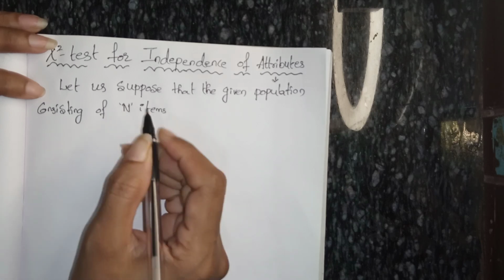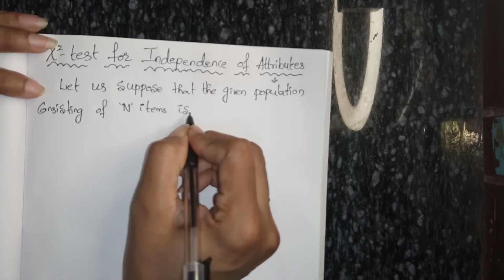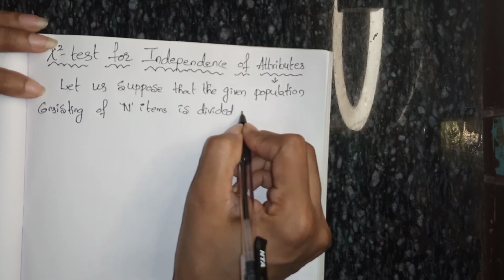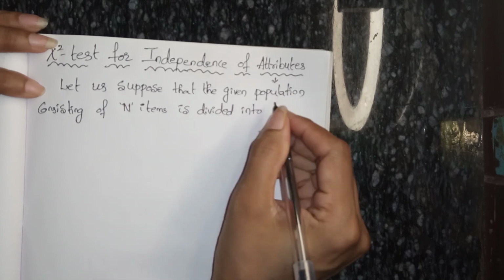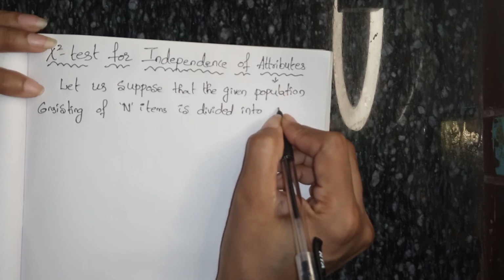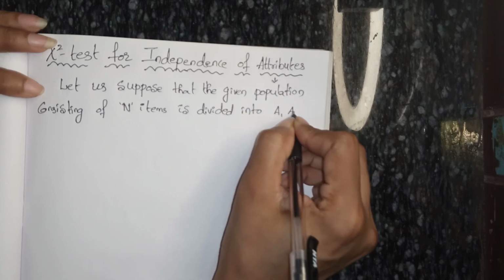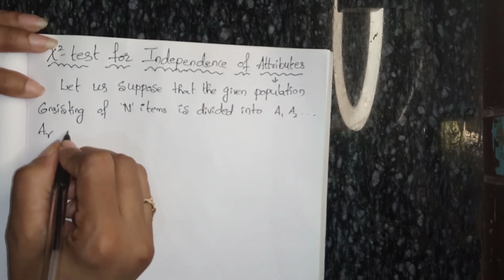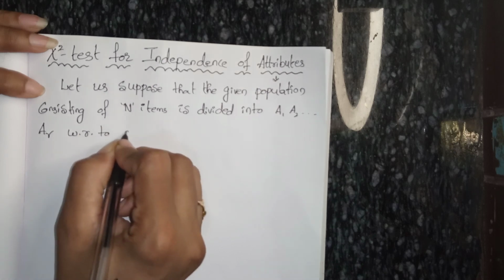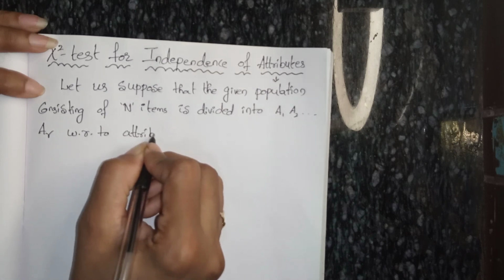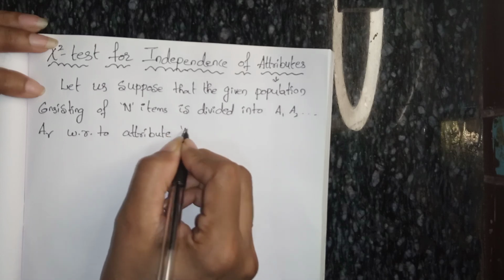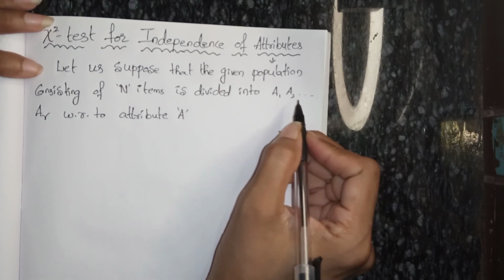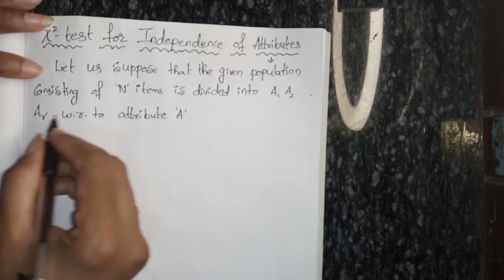Population size is denoted with capital N. It is divided into A1, A2, and so on, AR, with respect to attribute A. So this is called attribute A, which is divided into R classes.